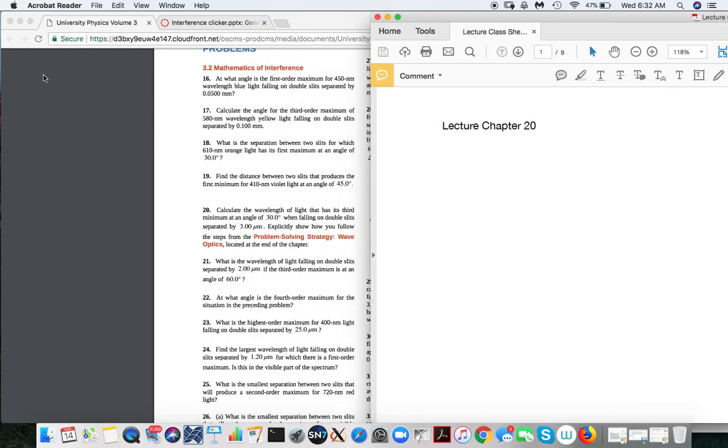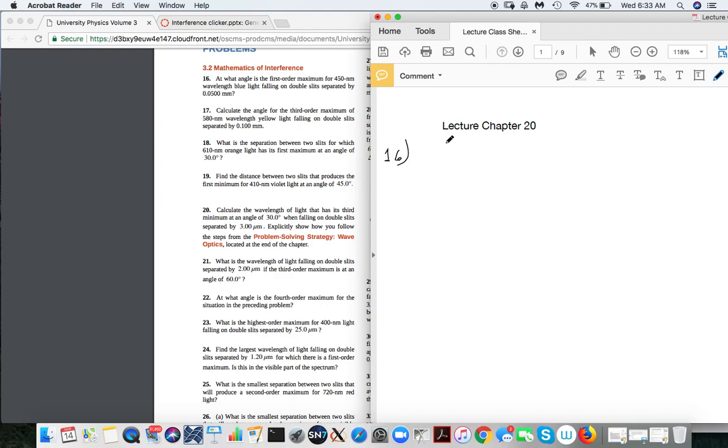At what angle is the first order maximum?